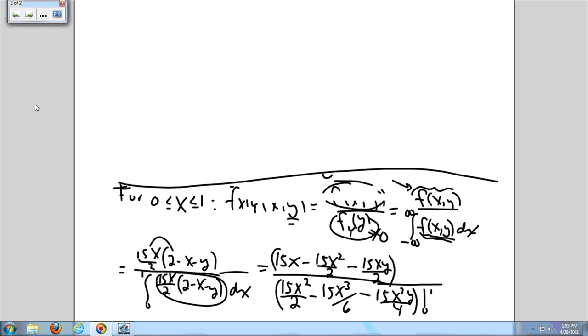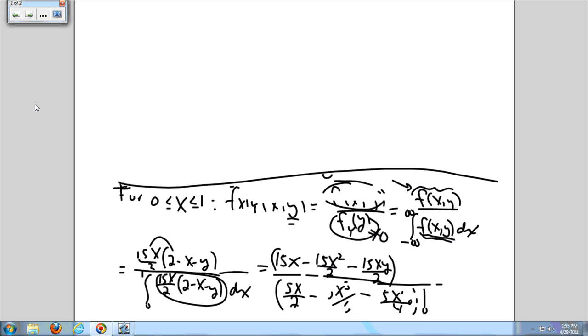The bottom: first you plug in 1 for x. So you're going to get 15 over 2 minus 15 over 6. 3 goes into both of those numbers 5 times and 2 times. So you get 5 over 2 minus 15 times 1 squared is 15 times y is 15y over 4. And when you plug in 0, since each term has an x, you're going to get 0.